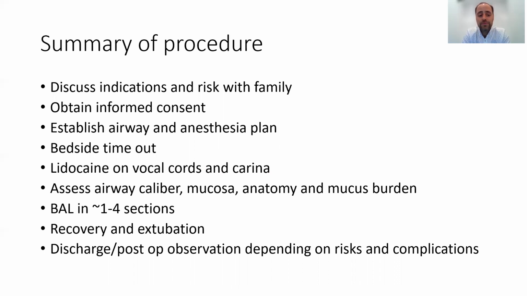Allow for recovery and extubation, and then discuss the discharge and post-op plan with the anesthesia team and with the critical care team. Most patients get bronchoscopies done and go home the same day. In high-risk patients, a post-operative admission to either the general care floor or ICU is needed.